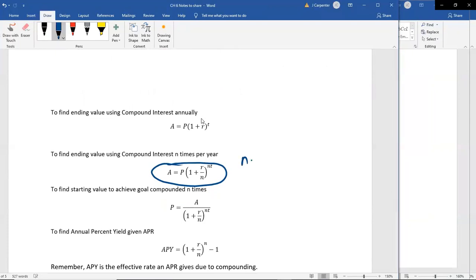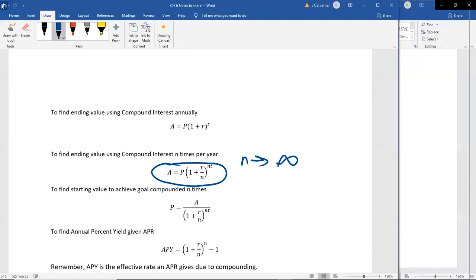It's just you let the n turn into infinity. So instead of compounding annually, quarterly, monthly, daily, every hour, every minute, every second, instead of compounding every snap of a finger.